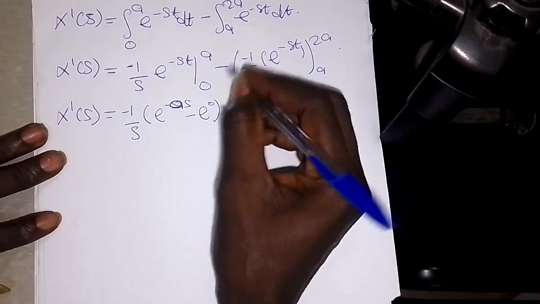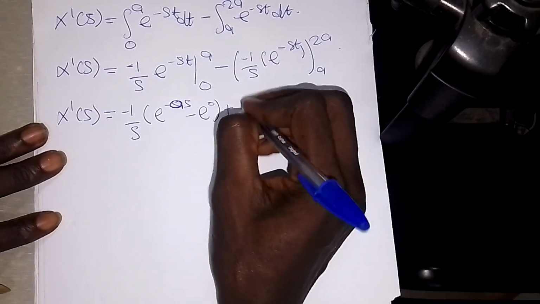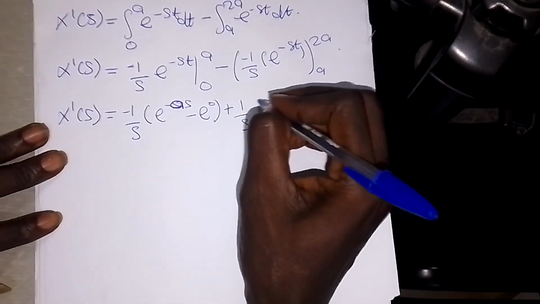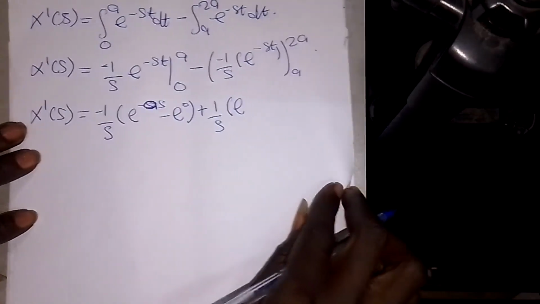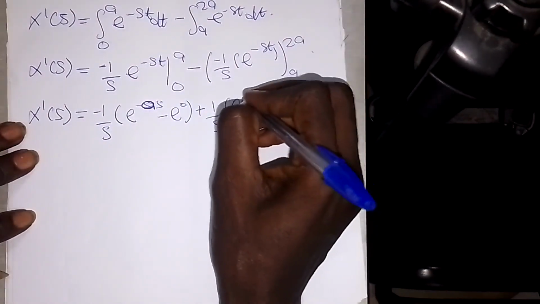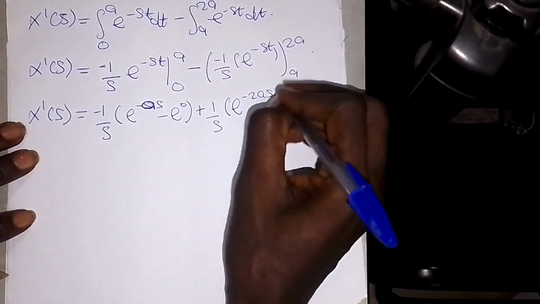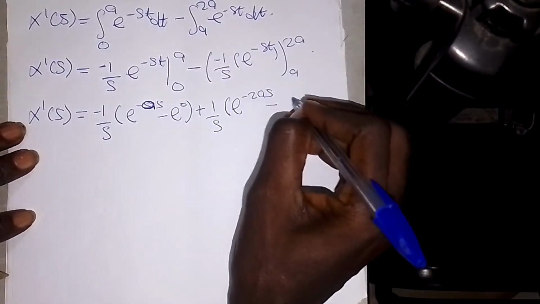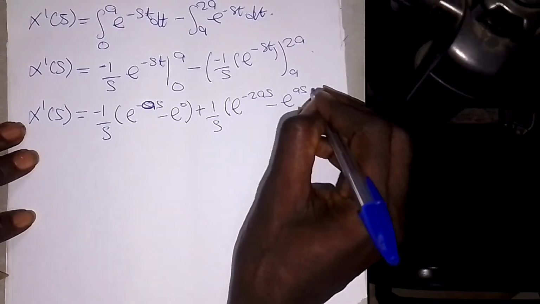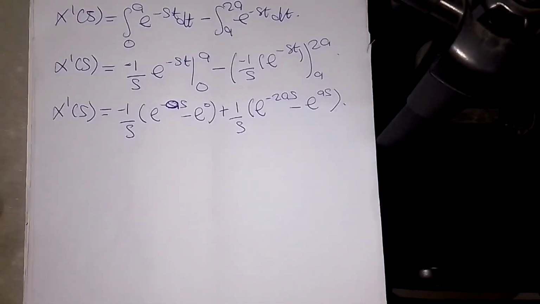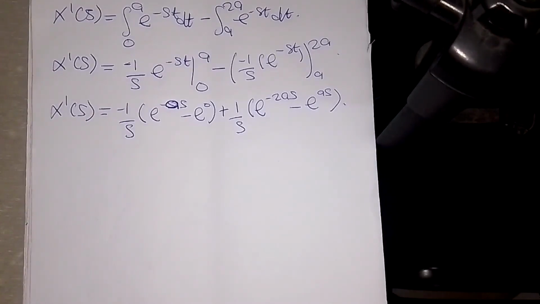Then here minus minus will be plus, so plus 1 over s into e to the minus 2as, minus e to the minus as. Okay, so that's what you're going to get over there.